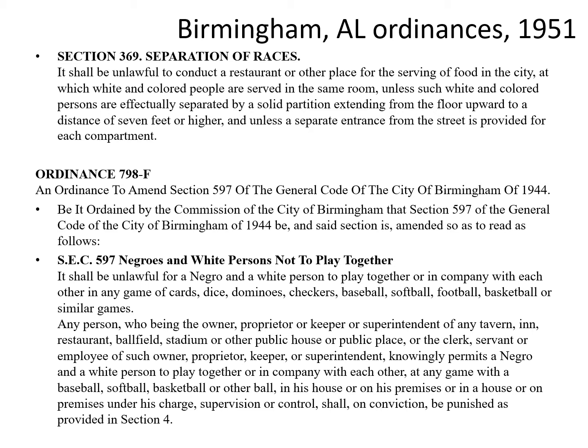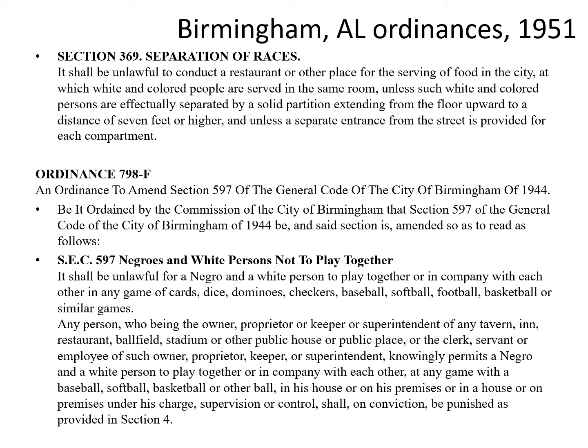We're talking about a white person who owns a place where people have recreation. Okay, if that white person who owns a place where people take recreation, we pick the quote back up, knowingly permits a Negro and a white person to play together or in company with each other at any game, then that person shall be punished as provided in Section 4.